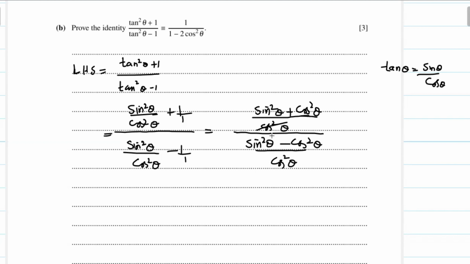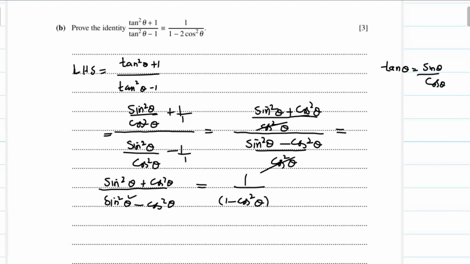Now you see here, both fractions, numerator and denominator, have the same denominator. Therefore, we cancel it. We get sine squared theta plus cos squared theta over sine squared theta minus cos squared theta. And sine squared theta plus cos squared theta, you know, that's equal to 1. And we can write sine squared theta in terms of cos squared theta, that would be 1 minus cos squared theta minus cos squared theta.